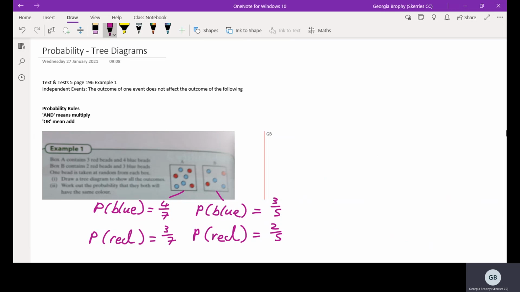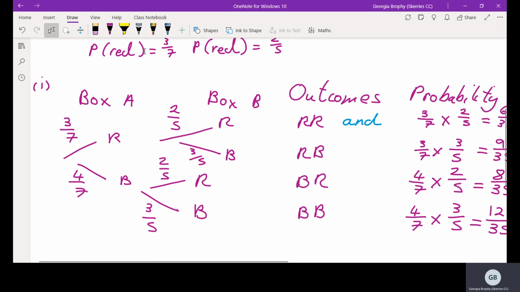So if we just come down, and I'm going to highlight with our pen, which ones have the same color? So this one, red blue is not the same color, blue red is not the same color, blue blue is the same color. And because we are looking at, what word are we using here?